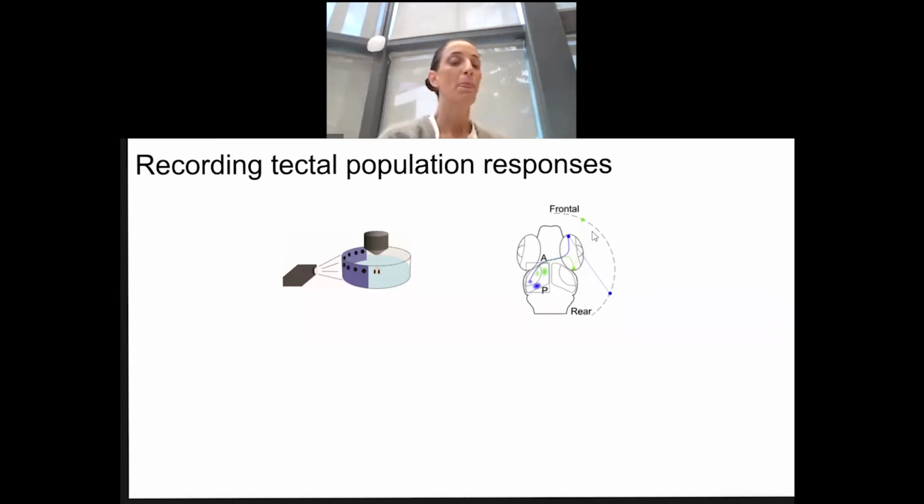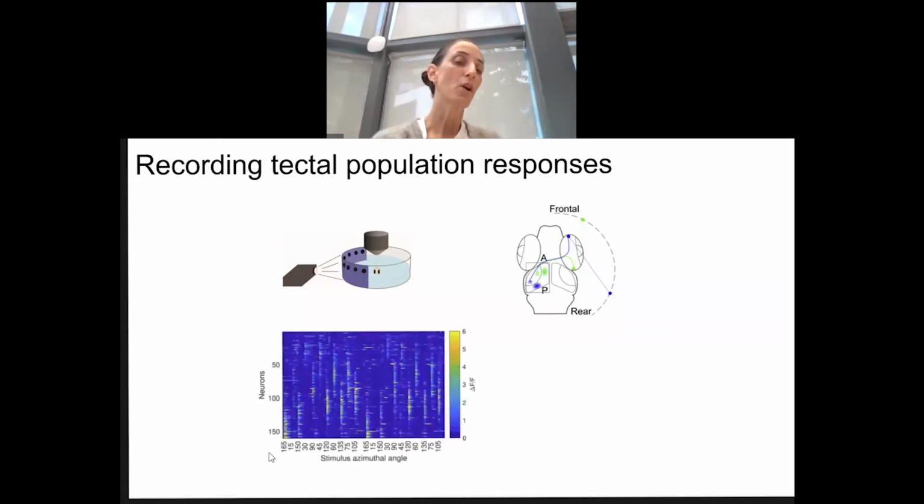So basically what we did is we showed the stimuli at different positions in the visual field and collected responses to these different stimuli. Here you can see all of the neurons that were recorded, and whenever there is a yellow patch, it means that the neurons elevated their firing rate.